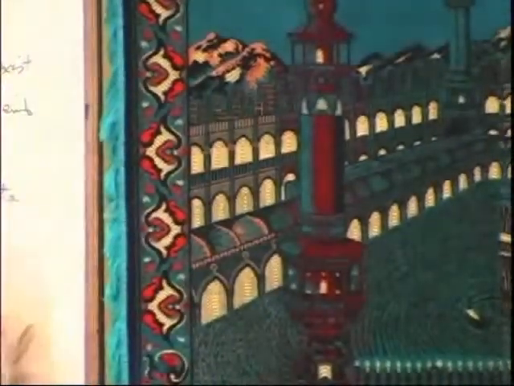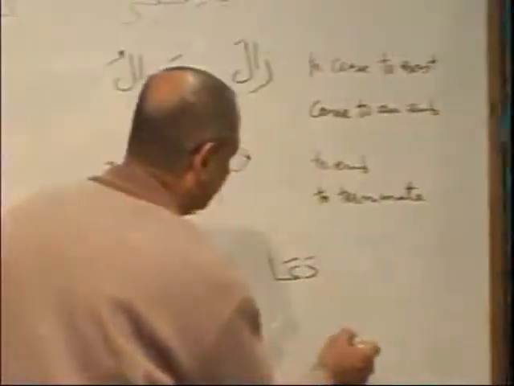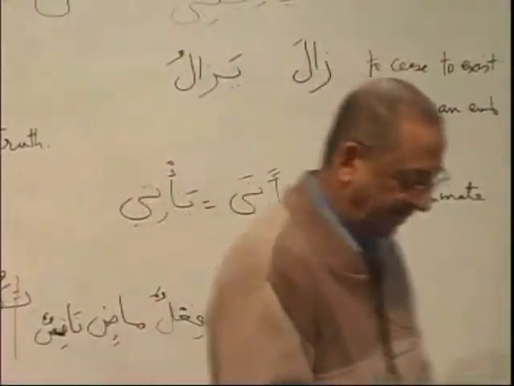Brothers and sisters, how do you make a fi'l mudari' majzum? If it ends with dhamma, you give it a sukoon. Are you with me? How do you make fi'l mudari' majzum? If it ends with dhamma, you give it a sukoon. Are you with me?